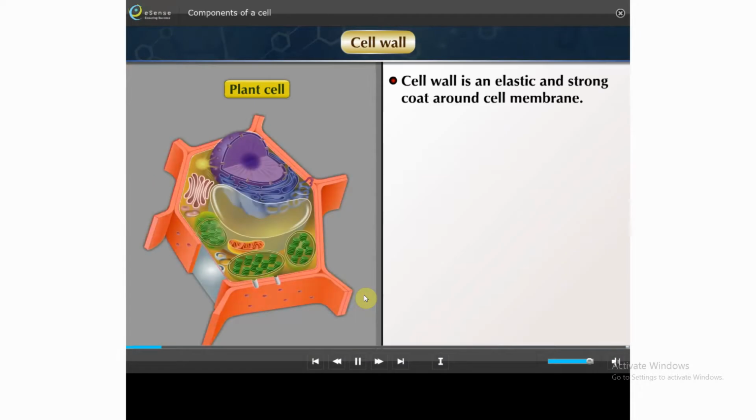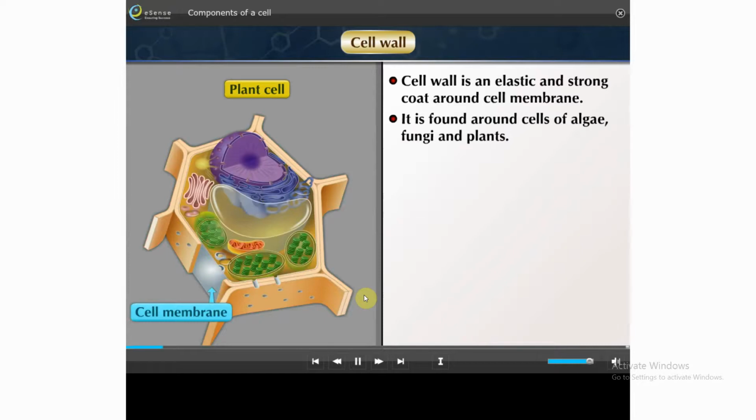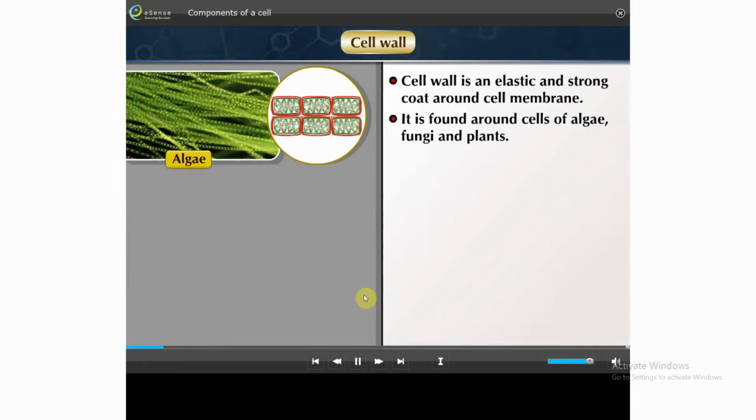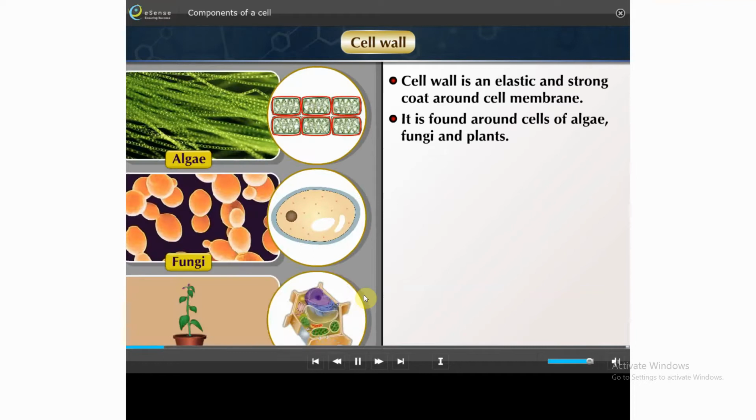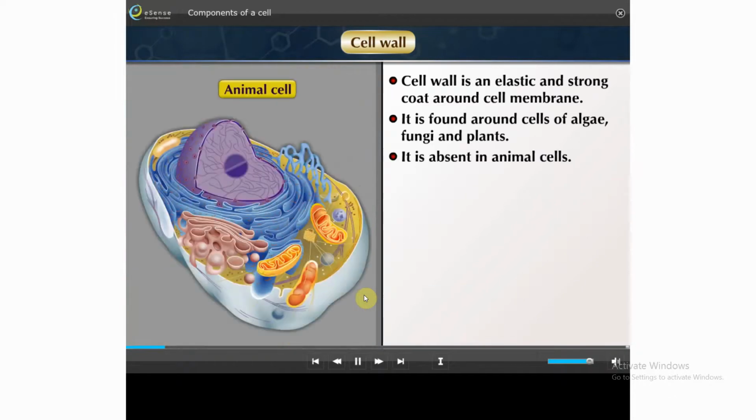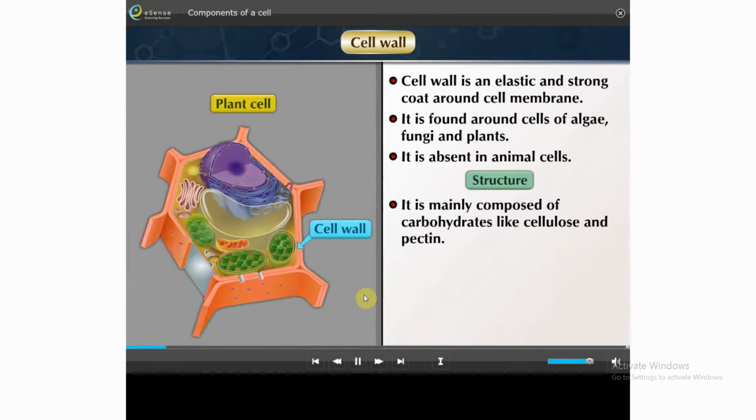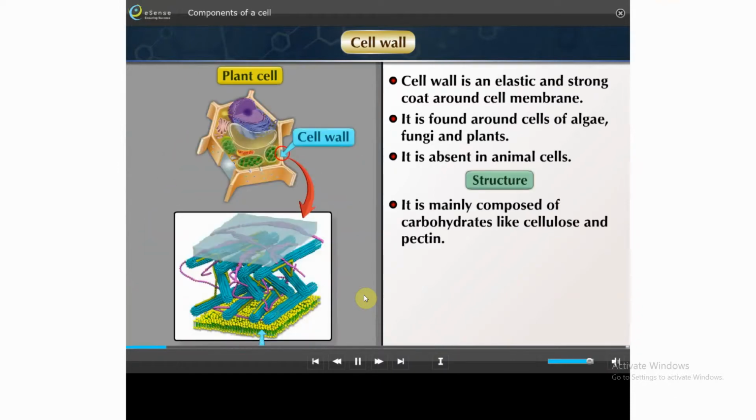Cell wall is an elastic and strong coat around cell membrane. It is found around cells of algae, fungi, and plants. In animal cells, cell wall is absent. Cell wall is mainly composed of carbohydrates like cellulose and pectin.